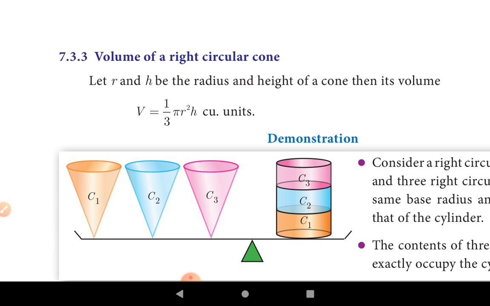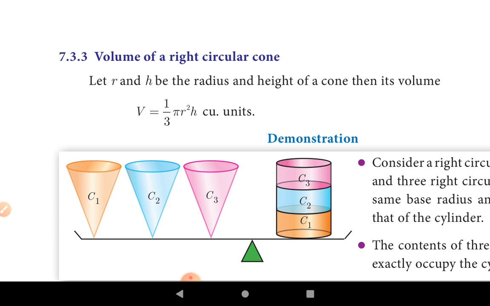Just imagine that I have to fill this right circular cone by using this volume. Now if I want to fill that right circular cylinder, I have to take any liquid you can consider, like petrol, diesel or anything.